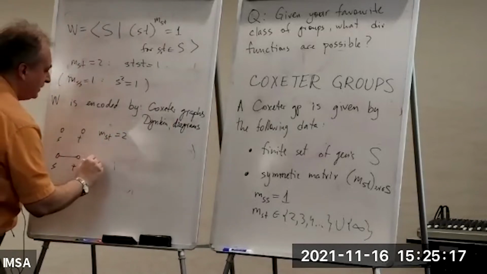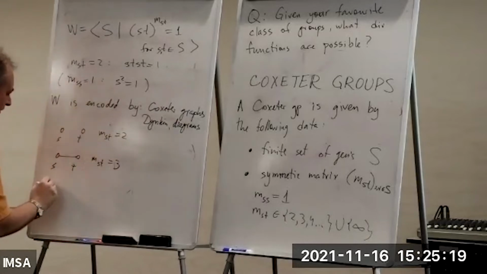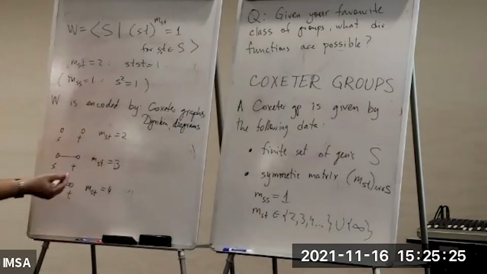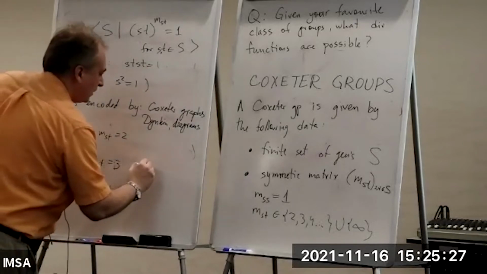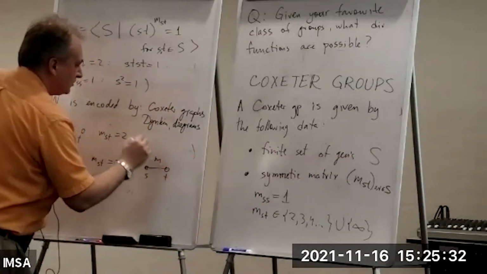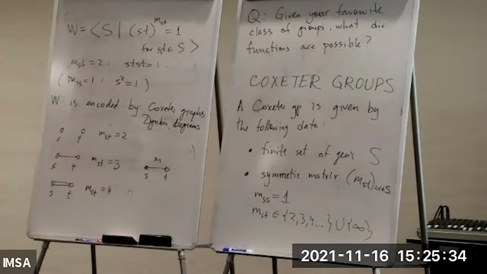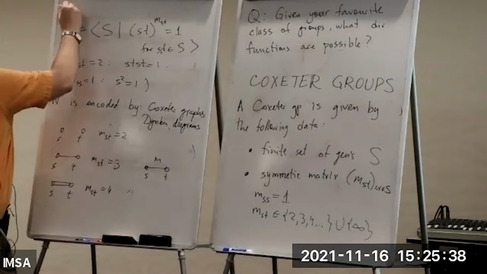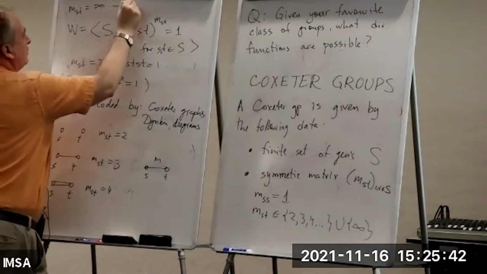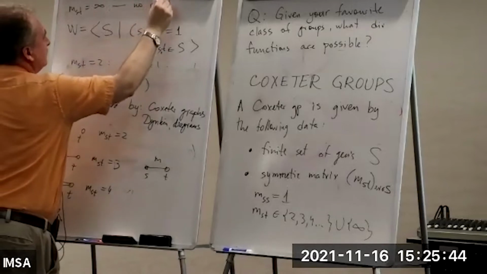If m_st equals 4, they are connected with two edges. Other than that, we just write what is there. And separately, notice that if we have m_st equal to infinity, that means no relation involved.